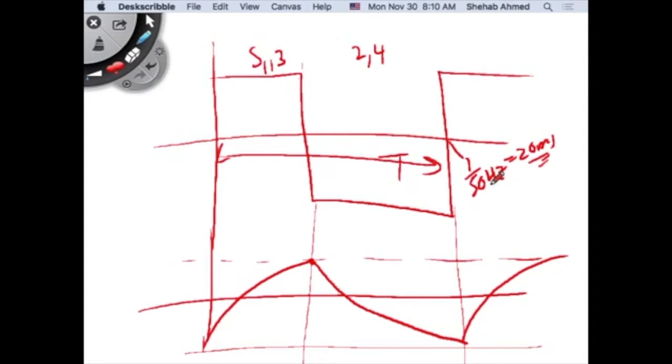So switching losses, we said, are proportional to switching frequency. It's the voltage times half the base times the height of that triangle, multiplied by the switching frequency. Here the switching frequency is so low, which is great. So you have very low switching losses. This is a nice approach.